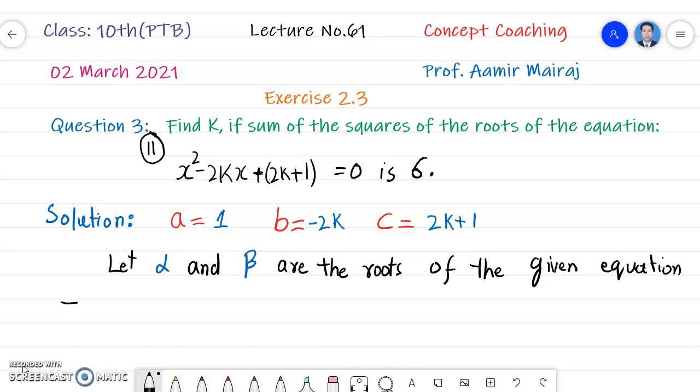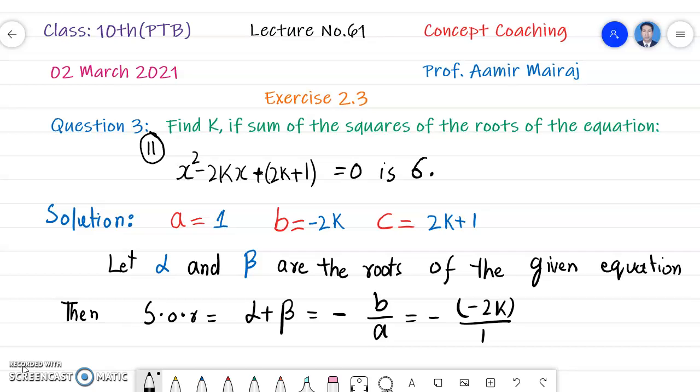Then the sum of the roots is alpha plus beta, and this equals minus b over a. Minus b is minus 2k over a, which is 1, so this is plus 2k. This is alpha plus beta.